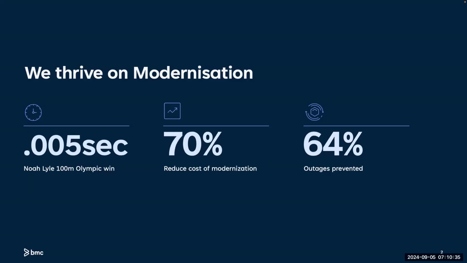Gen AI will be able to help you understand it, and also create appropriate replacements. And because it's AI doing this work, it's going to reduce the cost of this modernization by 70%. Just think about that again.